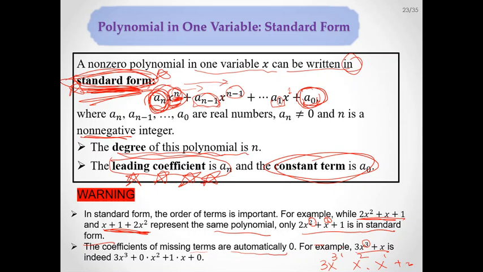We don't see x squared because its coefficient is automatically 0. And you also don't see the constant if it is 0. So if you see only this, the missing parts are 0.